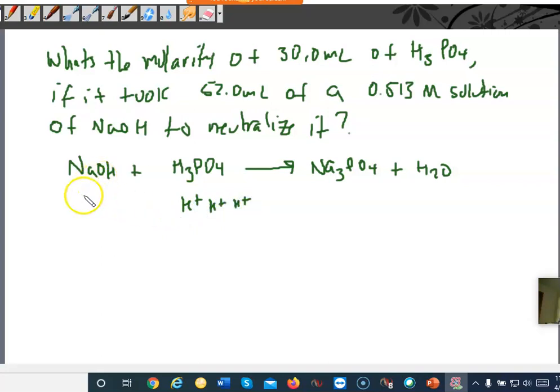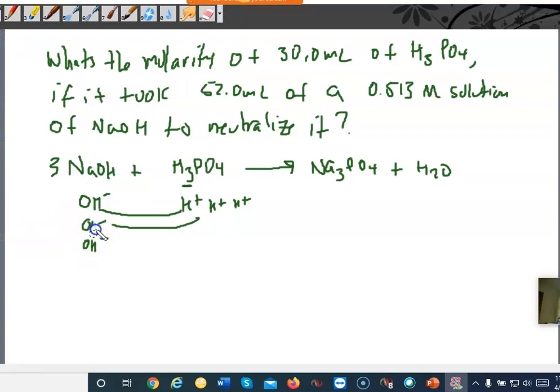For every mole of sodium hydroxide, I only have 1 hydroxide. So 1 mole of this will neutralize 1 mole of this. So I need 3 of these in order to neutralize 1 mole of my H3PO4. So I know that I'm going to need a 3 there. Even if you don't balance the equation, you still know how many of these you need based off of how many H pluses I have. I don't know if that helps.